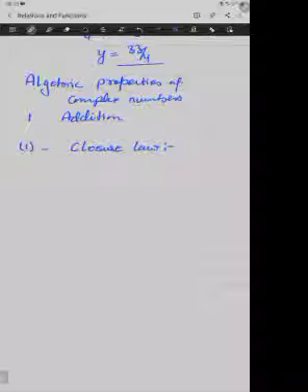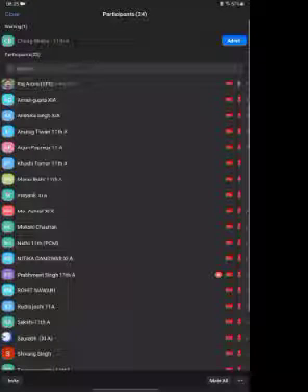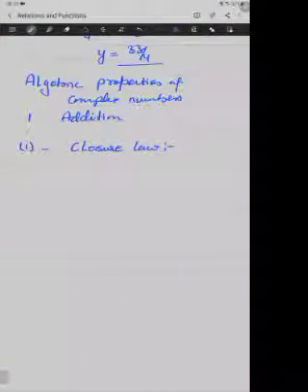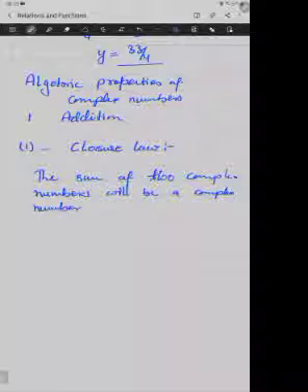The sum of two complex numbers will be a complex number.